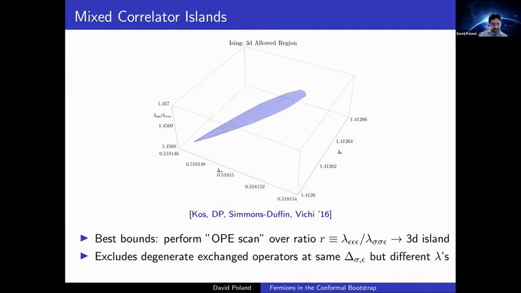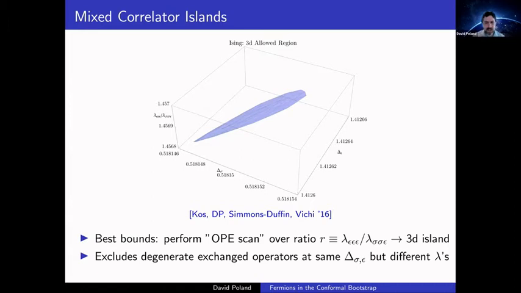Actually, the best island we can get here requires also scanning over the OPE coefficients involving these three leading operators. So if we make a three-dimensional plot in delta sigma, delta epsilon, and lambda epsilon, epsilon, epsilon divided by lambda sigma, sigma, epsilon, then we get a very, very small region.